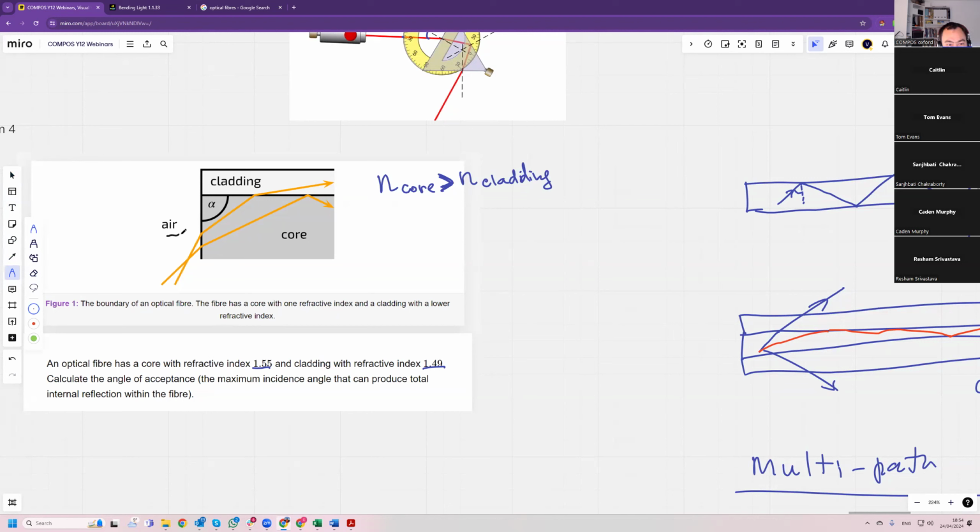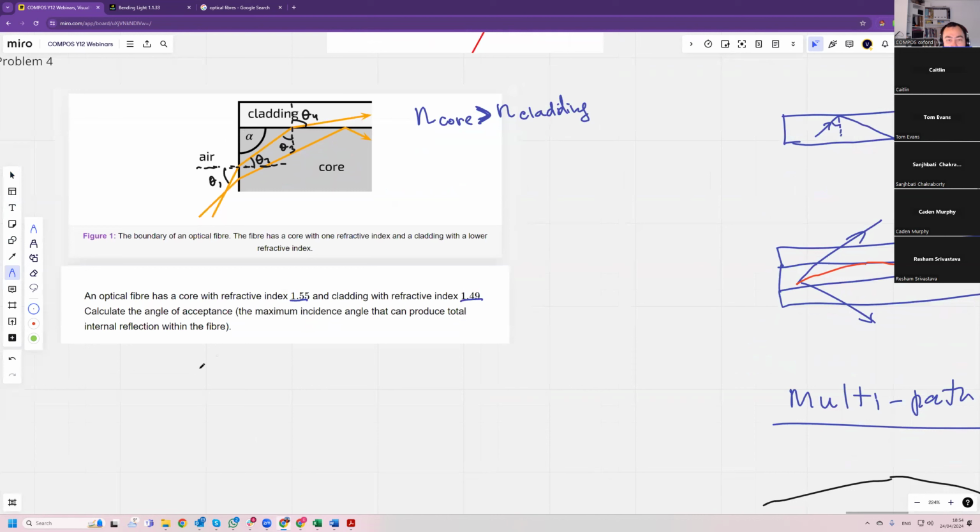So we have the system. This is theta 1. This is theta 2. This is theta 3. And this is theta 4. So once again, we're looking for theta 1 if theta 4 is 90 degrees.